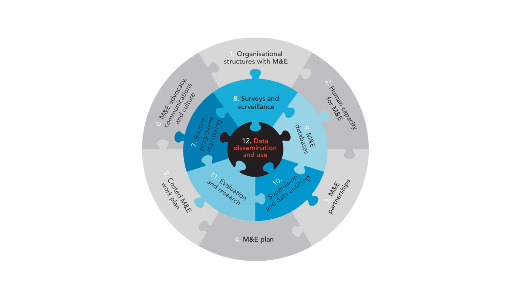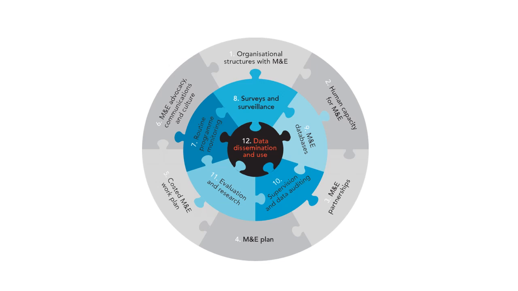The outer shell here in gray is what we call the enabling environment. In order to have a well-functioning MEL, we need organizational structures, human capacity, partnerships, a solid plan, but also the funding to implement that plan, as well as advocacy, communications, and a culture which fosters the collection and use of monitoring and evaluation data.